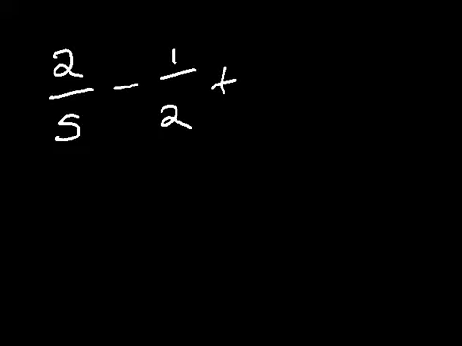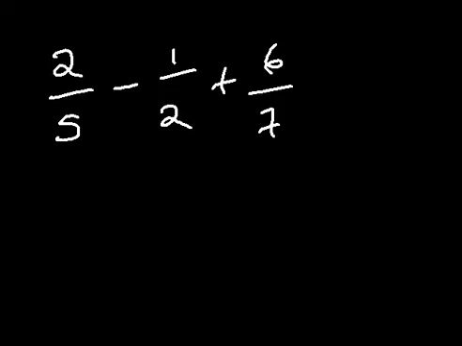And what if we have this case: 2 over 5, minus 1 over 2, and then plus 6 over 7. Now how can you add and subtract these fractions?